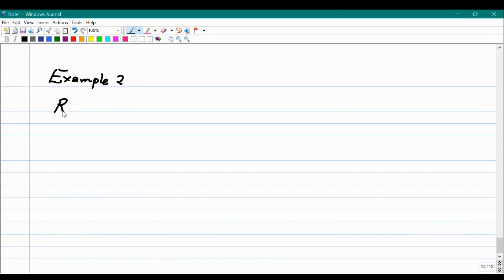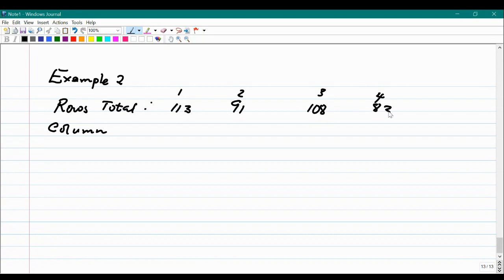For the rows, what are we having? 113, 91, 108, and 83.